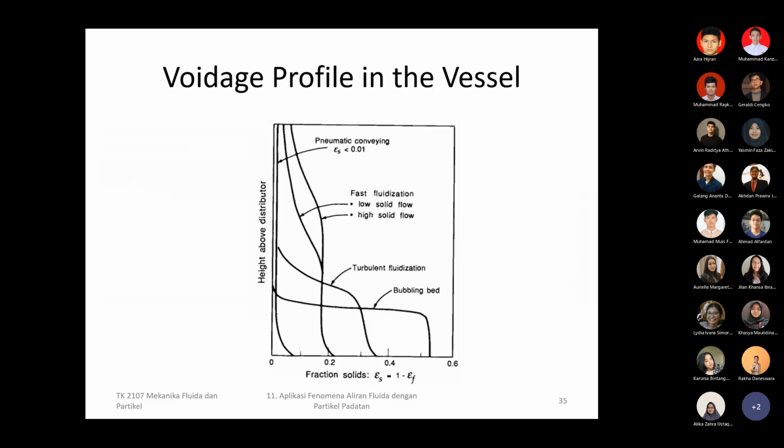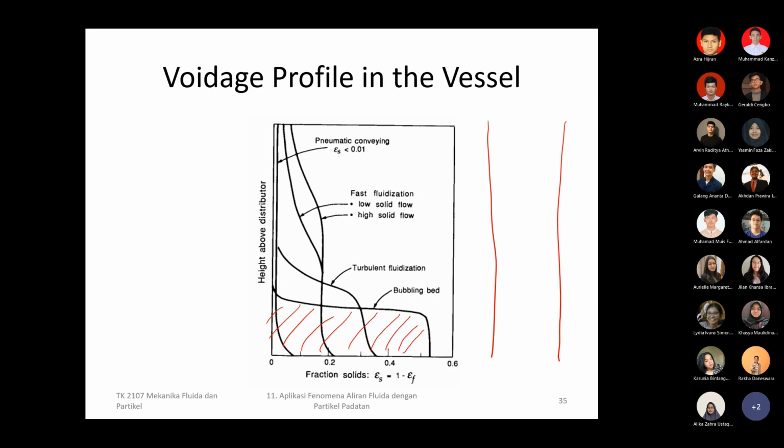And this is just an example, to emphasize that even for one column, the epsilon could be different at different locations. When we're working with a fluidized bed, here at the bottom region, maybe we're working in a bubbling bed condition.